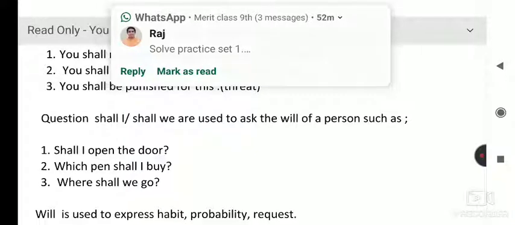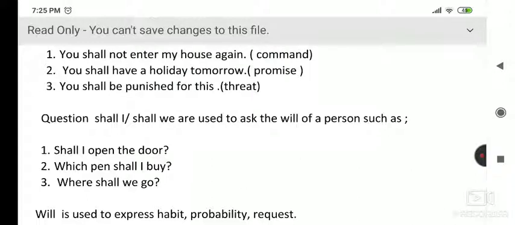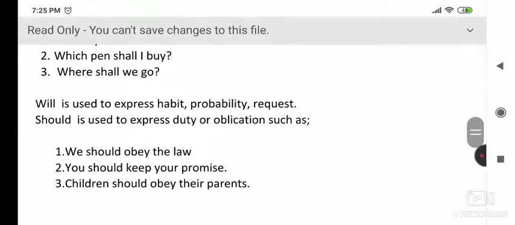So such types of questions can also be expressed with the help of modal shall. And will is used to express habit or a request or probability in the sentence, and should expresses duty or obligation.